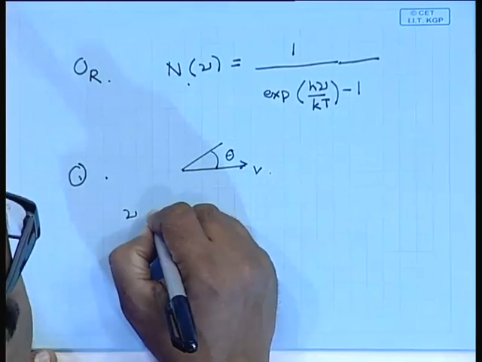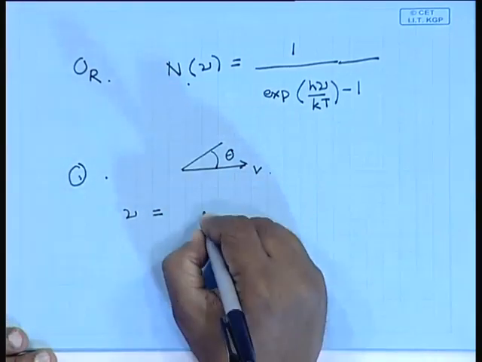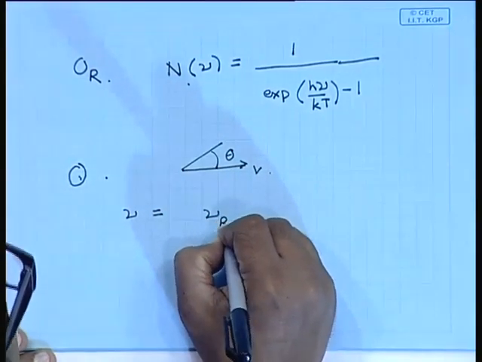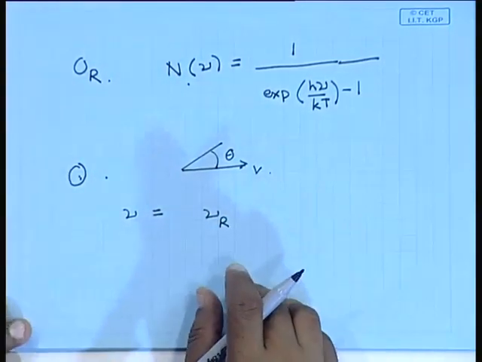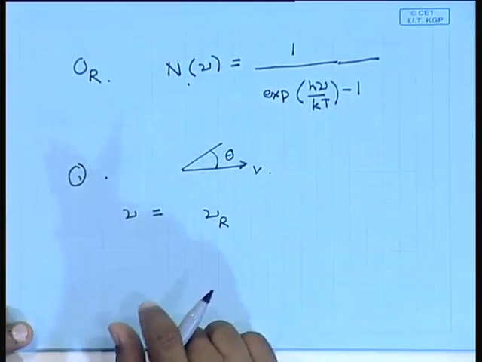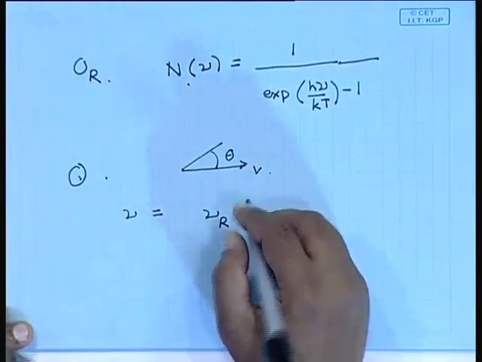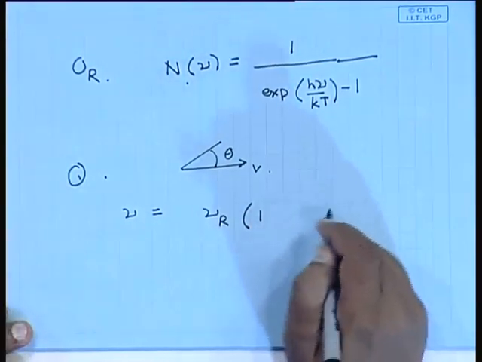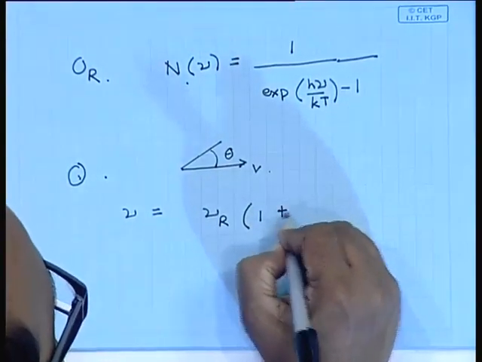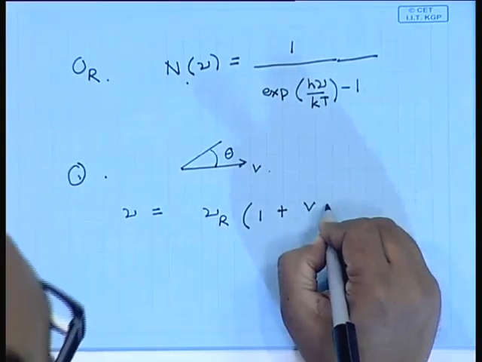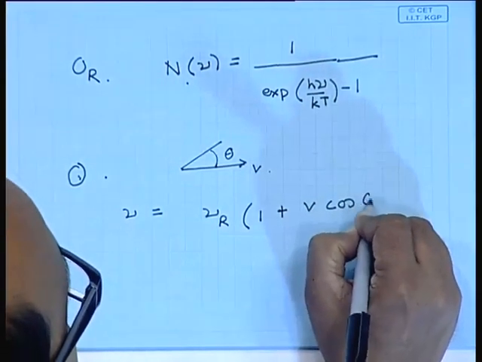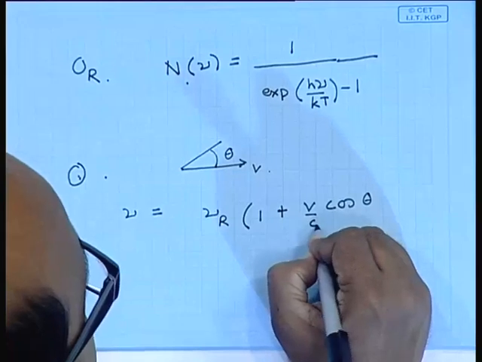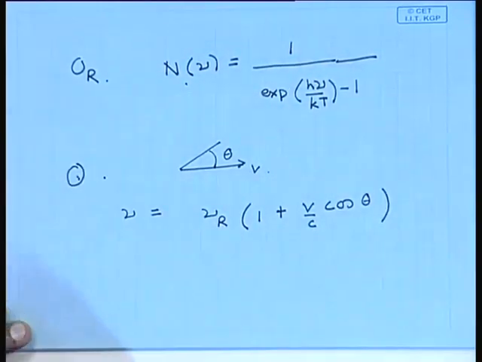Then the frequency of the photon in this frame of reference is going to be the frequency in the rest frame of the CMBR, and then there is going to be a Doppler factor, and the Doppler factor is 1 plus v cos theta by c. And v by c is extremely small.